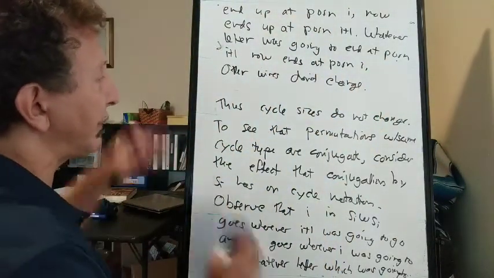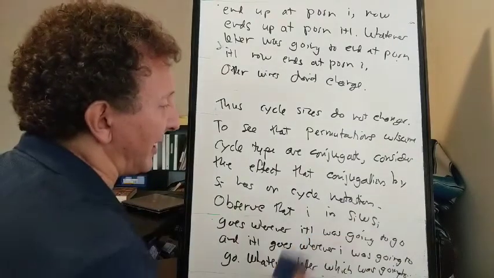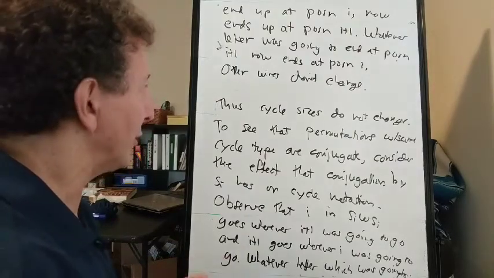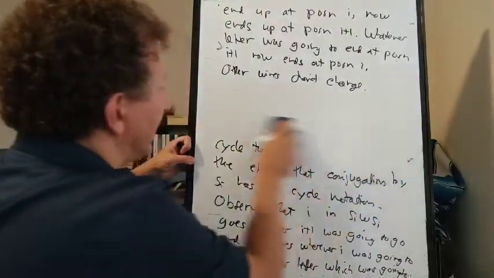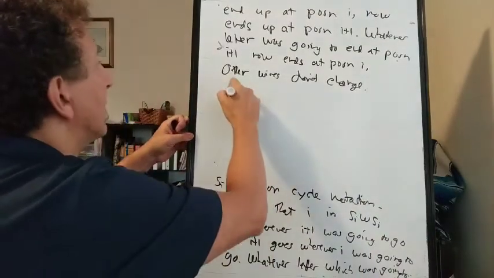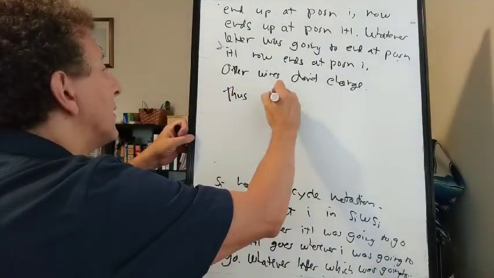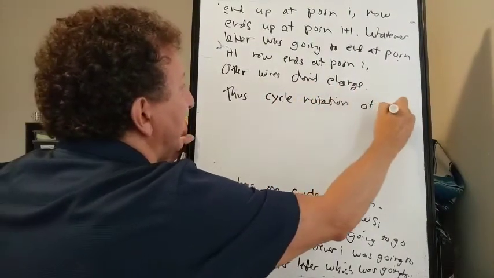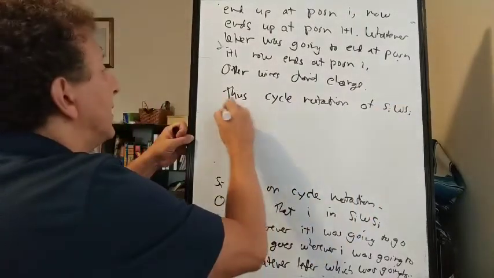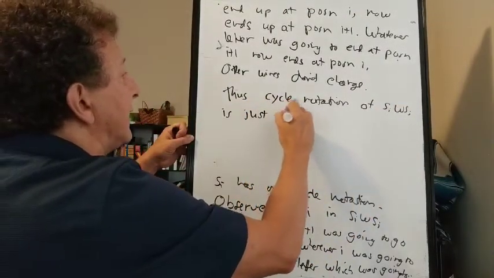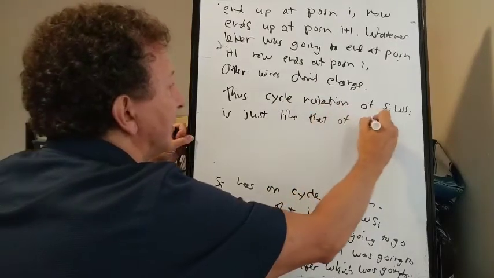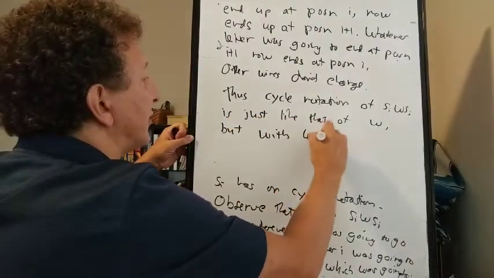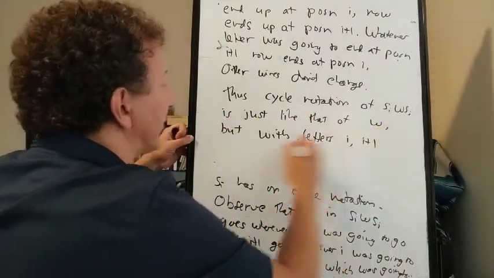So to summarize, the effect that conjugating by SI has on cycle notation is that it swaps the letter I and the letter I plus 1 wherever they are. So the cycle notation of SIWSI is just like that of W, but with the letters I and I plus 1 swapped.